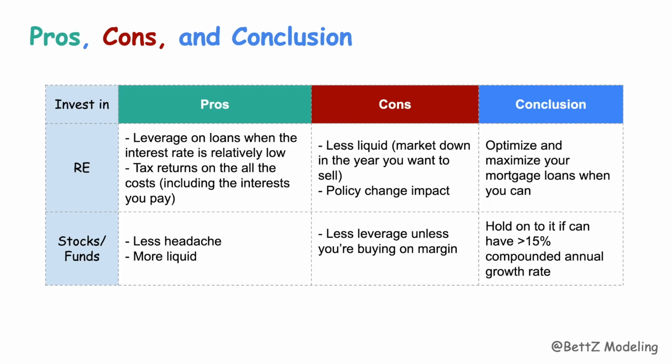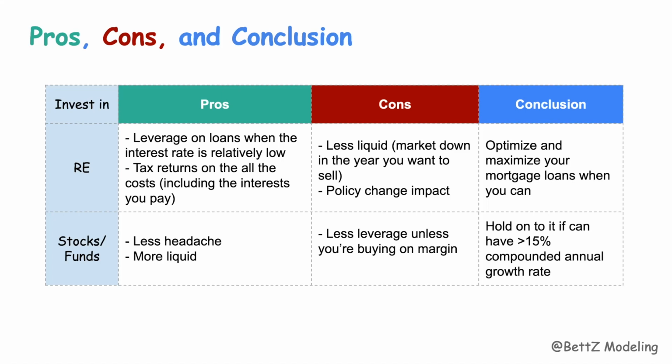The cons are it's not liquid, and there's a risk that the house market could go down when you want to sell. And if any of the tax policies change, you may face higher expenses and lower returns. In conclusion, if you decide to invest in real estate, you should optimize and maximize your mortgage loans when you can, and make sure all the risks are manageable.